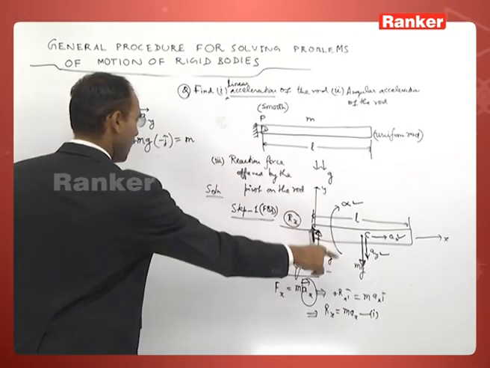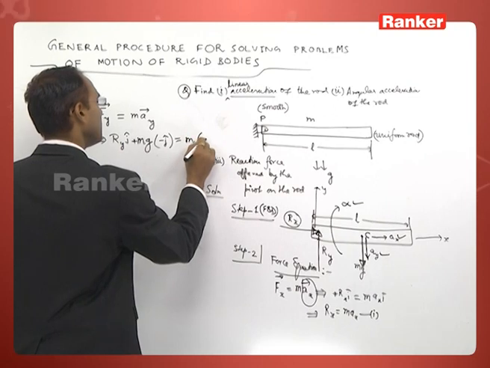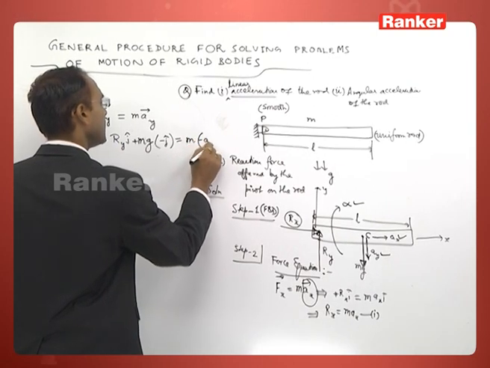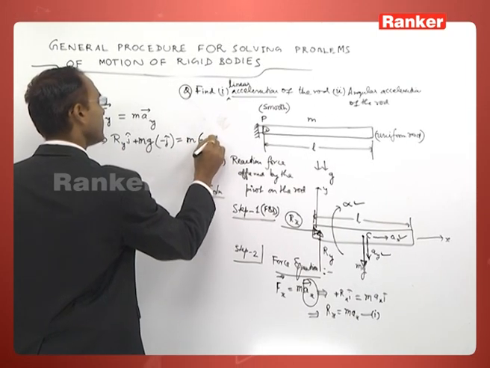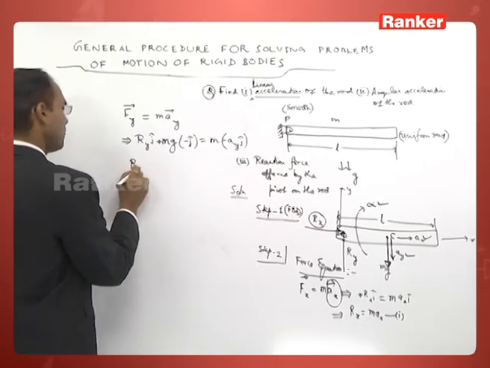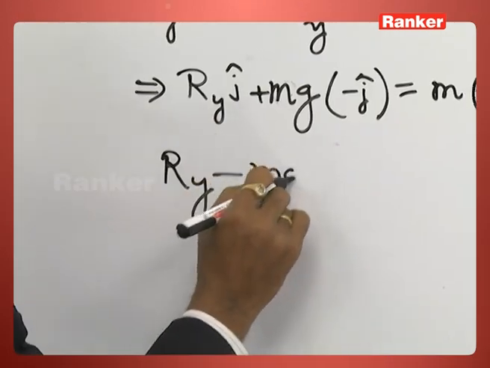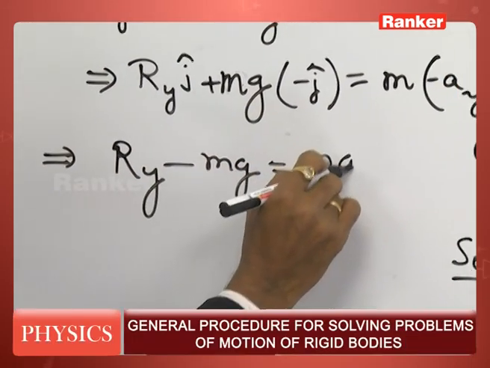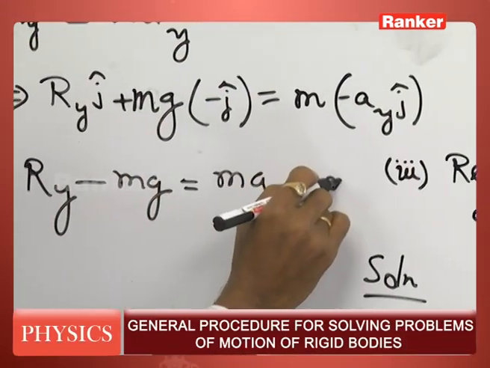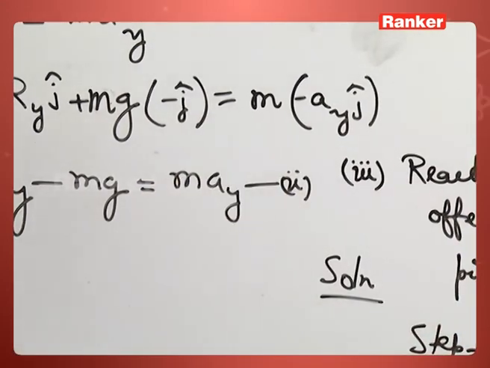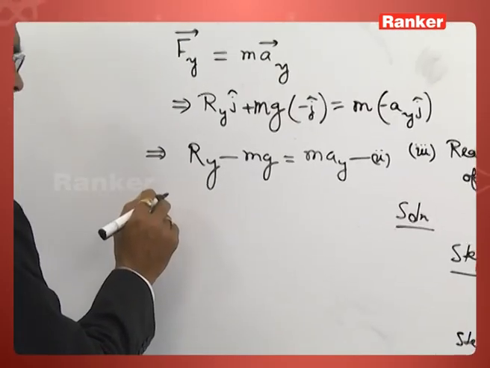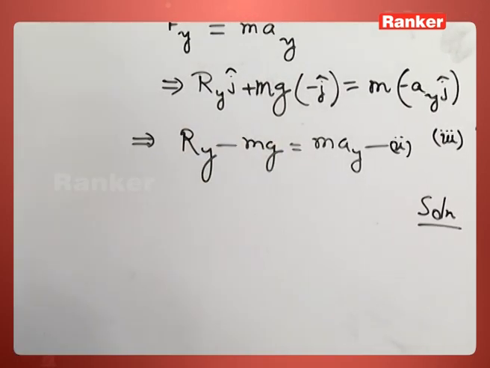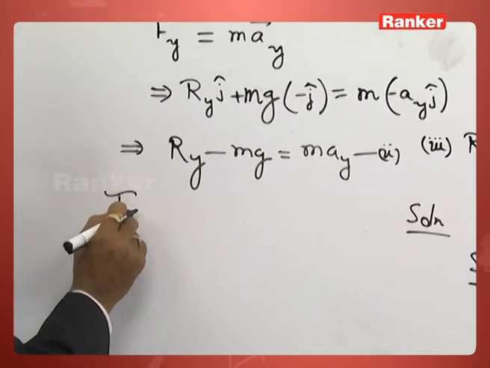If I have chosen downward, I have to write minus Ay j cap. So, Ry minus mg is equal to m into Ay. The equation number 2. So, force equation is over. Let us try to write the torque equation.